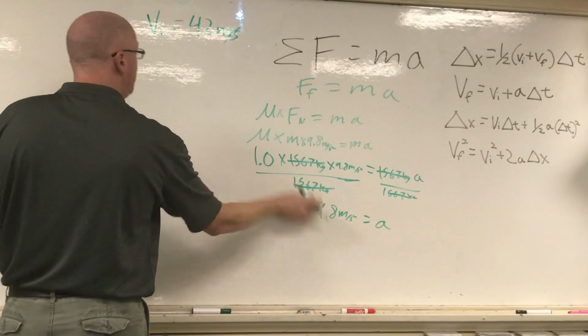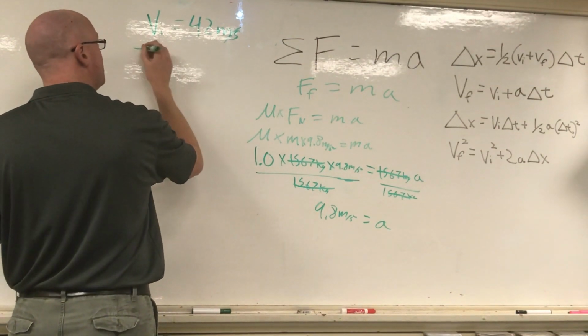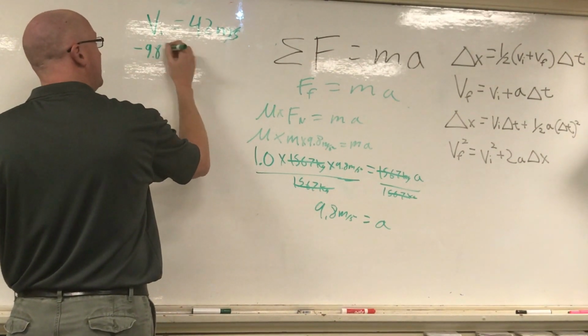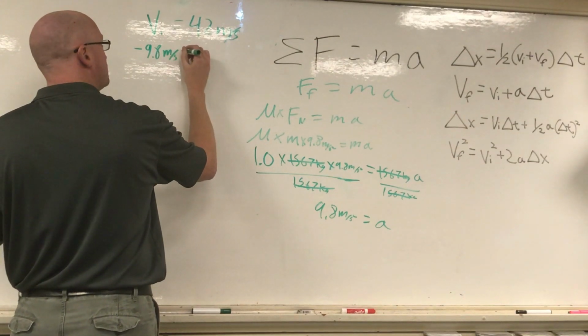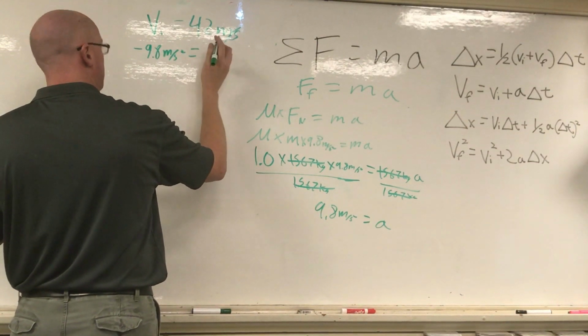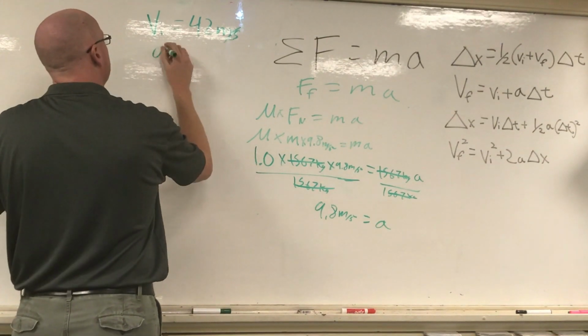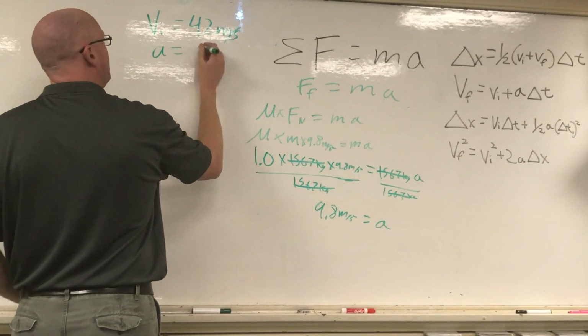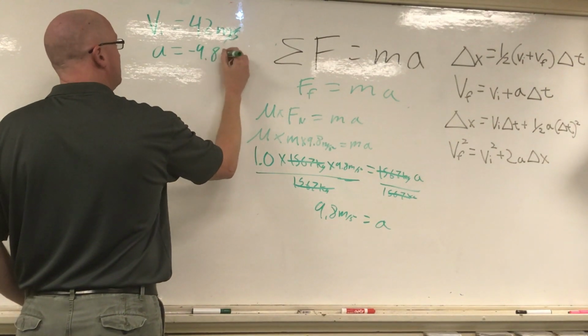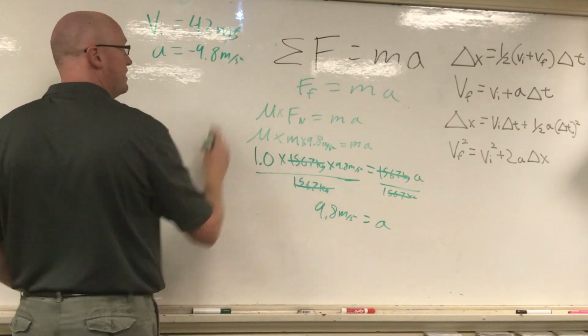We know acceleration will be, now by the way, we're slowing down, so acceleration is going to be negative 9.8 meters per second squared.